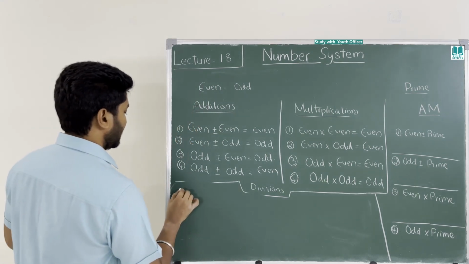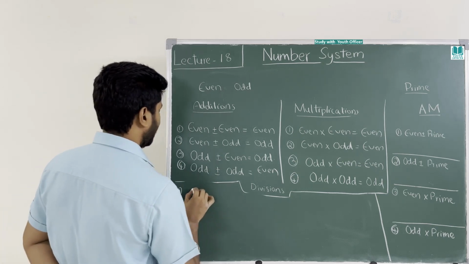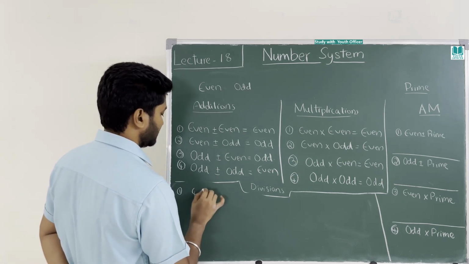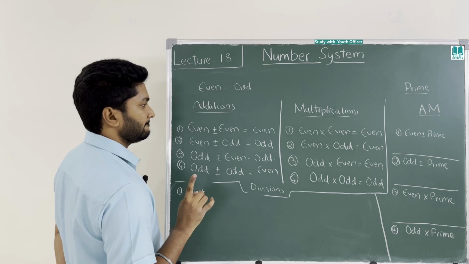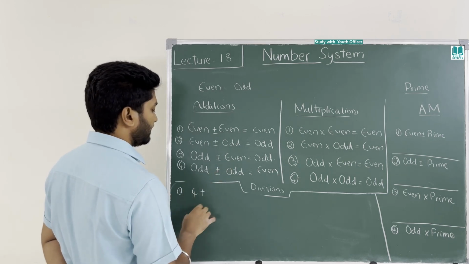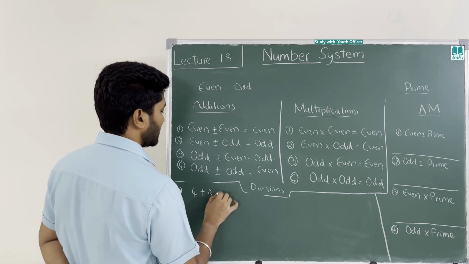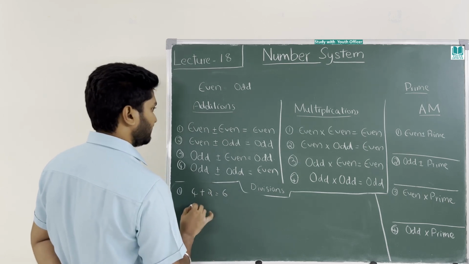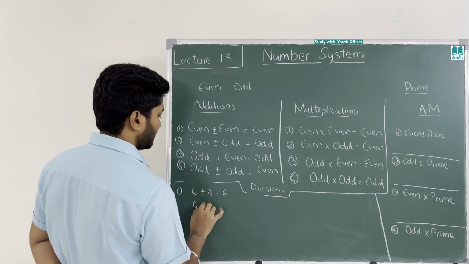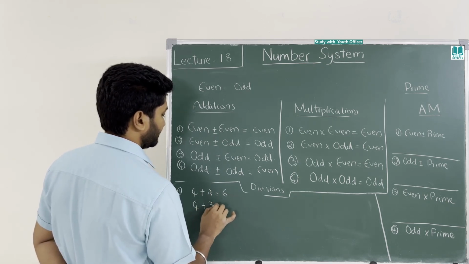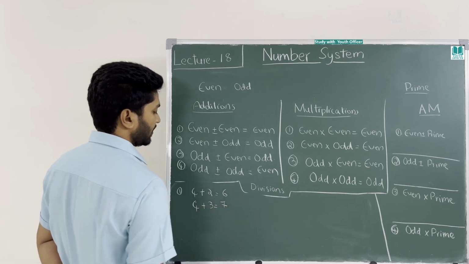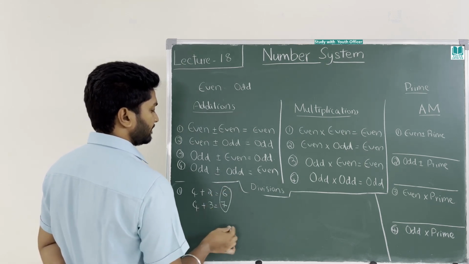First example, even number. Take an even number plus a prime number. Prime number I will take 2. Answer is 6. One more even number, one more prime number, I will take 3. Answer is 7. Two different answers came.